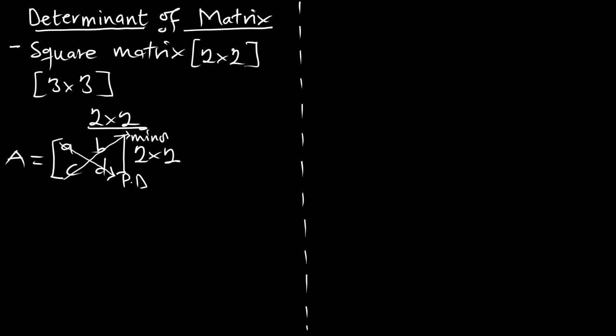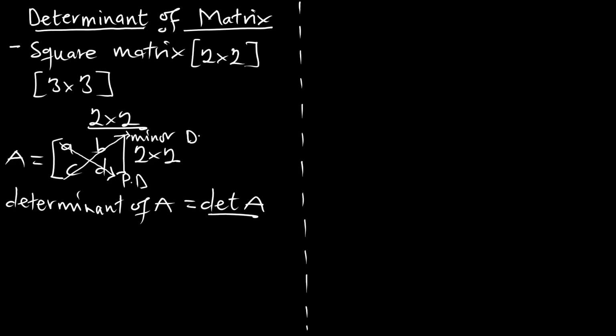The determinant of A is also written as det A. So when you see find det A, it means the determinant of A, and that is given by the formula.